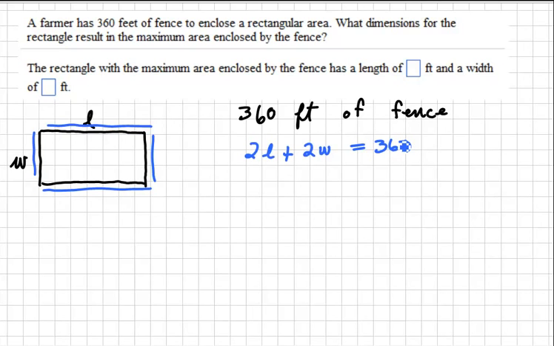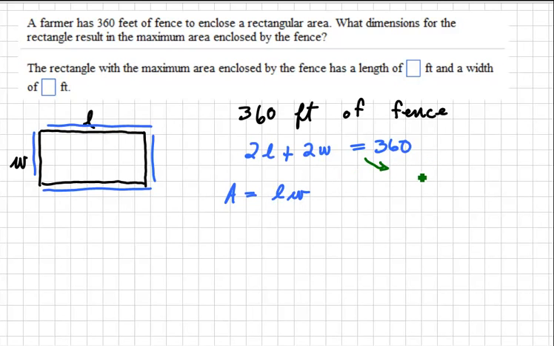Okay, now we're trying to maximize the area, and we know that the area is equal to the length times the width. So our problem is we need to get the area down to a function with just one variable, not two variables. And so you're going to basically do sort of what you do for systems of equations.